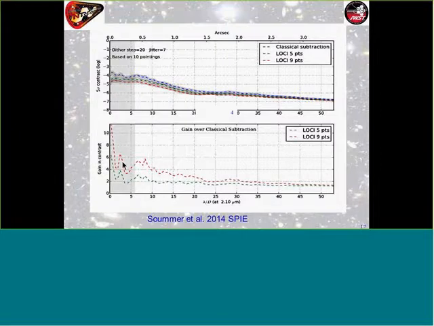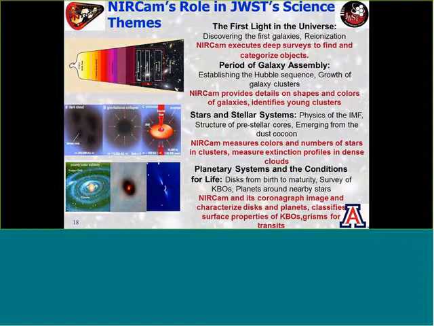You can get a gain in contrast of a factor of roughly 5 by doing these small dithers on a grid. I'm sure we're going to check this all out when we're executing commissioning, and we'll be able to give users advice on what's the best way to do this. But Remi Soummer and the group at the Institute have done a lot of work trying to figure out how to use a telescope that really is not optimum for coronagraphy, but how to use it to good effect.